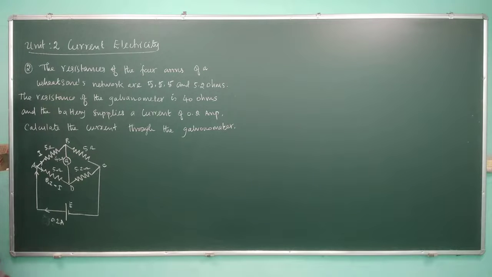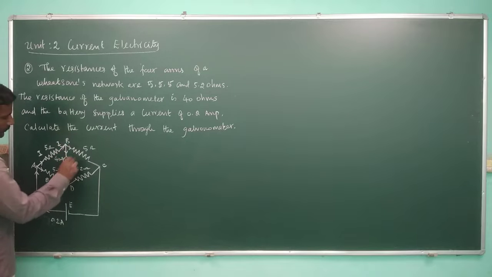Then here, current I is coming towards point B, and this I is divided into two. The current flowing through the galvanometer we can denote Ig.